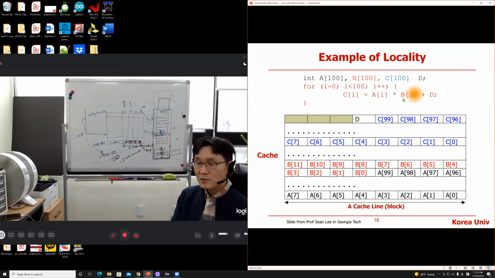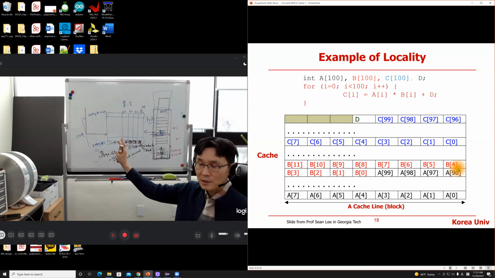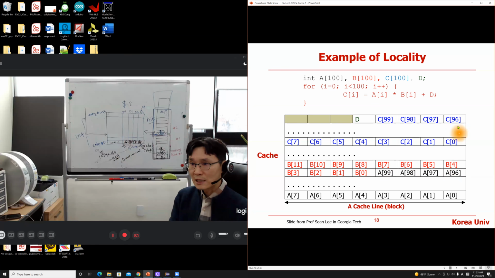How about B0? Same thing, right? The cache is not holding the data, so we have a cache miss. So here, in this example, the memory block containing B0 has that data, B0 to B7 and A99, A96. That is a memory block in main memory, right? And how about D?